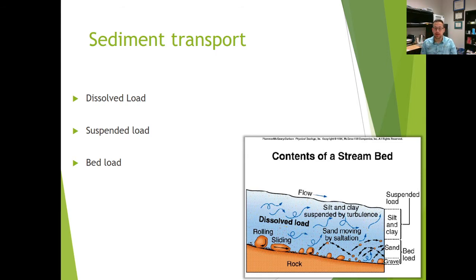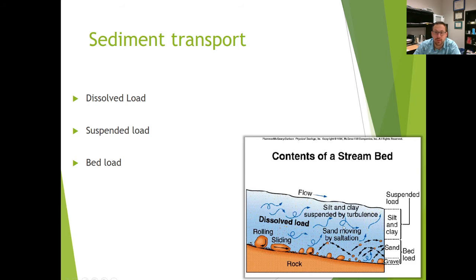Okay. Then there's a third type of thing that we don't see in lakes, which is bed load. Now, bed load means if you have the bed of the river here, if you got a rock here, it'll kind of just bounce maybe, or just be rolled down the slope of the river. So what we've got here is dissolved load up here, you can't see.